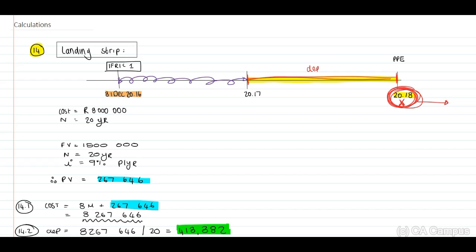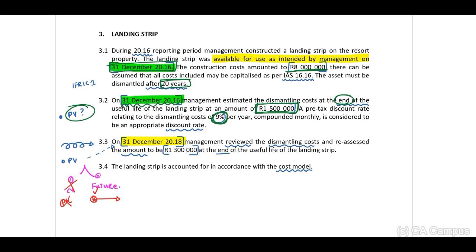Now, we need to determine what is the change in our dismantling costs. When you look at the given scenario, we are able to tick off 3.1, 3.2, 3.3. They indicate to us that the amount is now 1.3 million at the end of the useful life. Therefore, we need to determine what is the present value on 31 December 20.18.